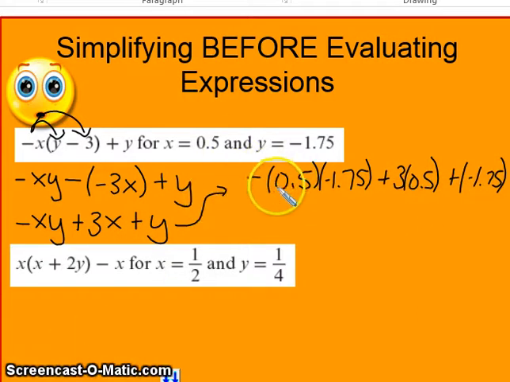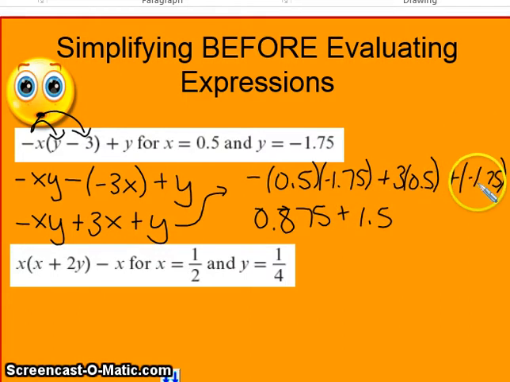Now when I do my multiplication, I do negative times 0.5, which is negative 0.5, times negative 1.75. Now that's a negative times a negative, so I'm going to have a positive, and 0.5 times 1.75 is 0.875. Here I've got 3 times 0.5, and when I multiply those two, I get a positive 1.5.